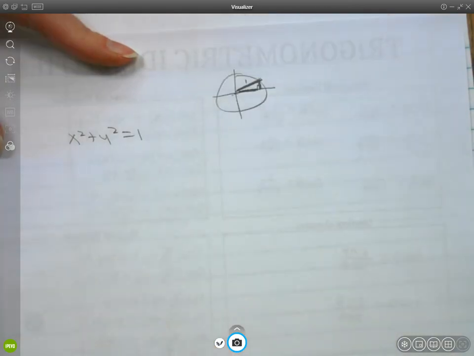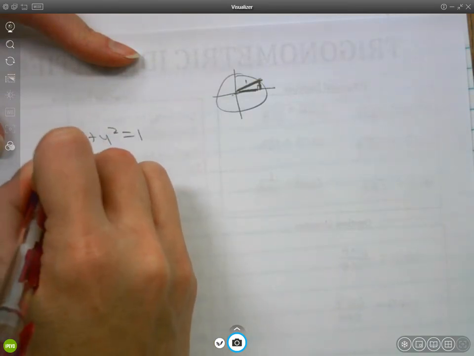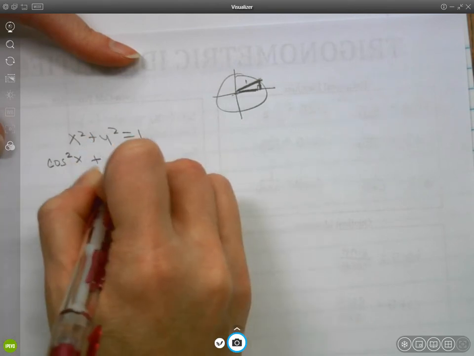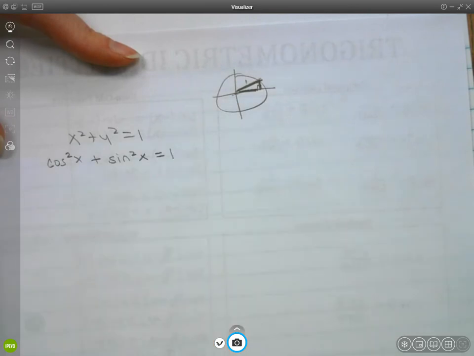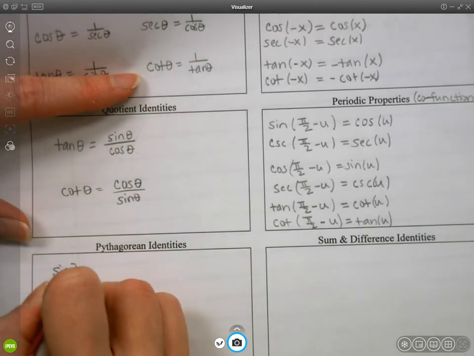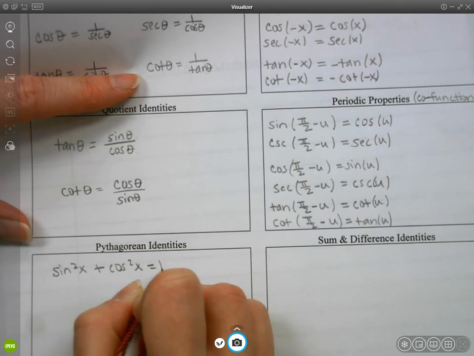Well, we know that x is cosine, so we can say cosine squared, and we know that y is sine, so we can say sine squared. So cosine squared plus sine squared is equal to 1. We tend to write it the other way, but you can add in any order, right? So your basic Pythagorean identity is that sine squared plus cosine squared is equal to 1.